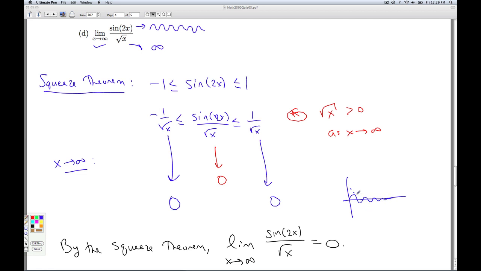And so you'll actually see that the sine of 2x over square root x is squeezed between the curves y equals plus or minus 1 over square root x. So that'll do it then for part D, and that'll do it then for number 1.